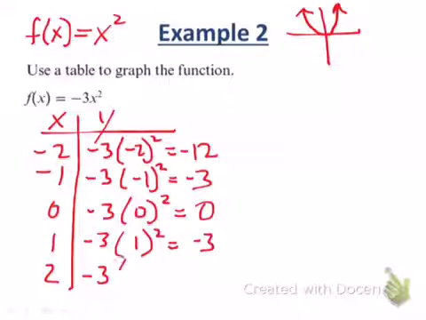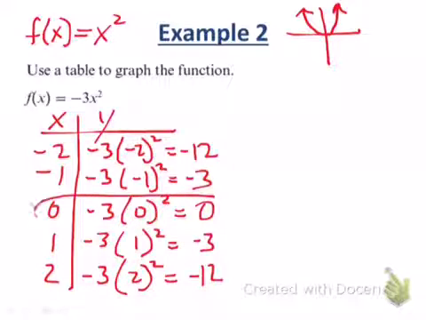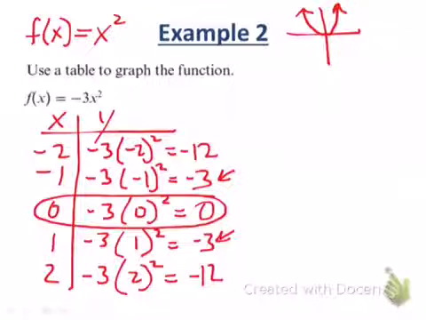And then negative 3 times 2 squared is negative 12. So I want to point something out here that we have some symmetry that's taking place, right? On either side of 0, our points are mirroring each other. All right, -1, -3. +1, also -3. Okay, -2, -12. +2, also -12. So these points are mirroring each other on either side of 0.